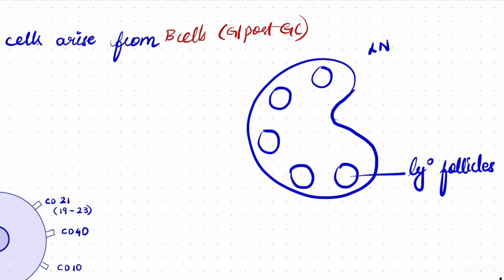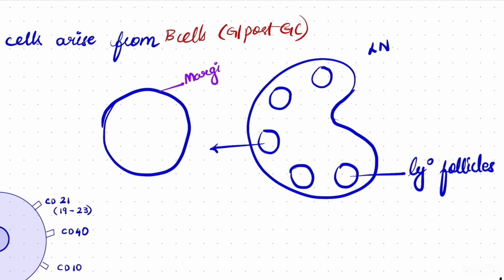What does each follicle contain? The outer zone is the marginal zone, a little in between layer is the mantle zone, and the innermost is the germinal center. The neoplastic transformation of B cells occurs here.